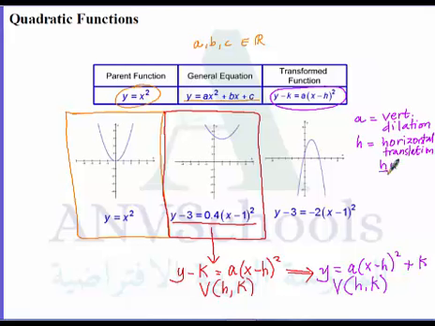What else? We have a vertical translation, k units up. So this is the basic of the transformation of the quadratic function.